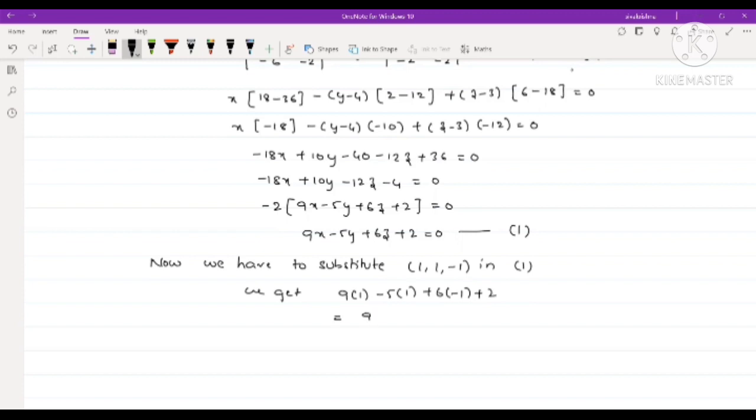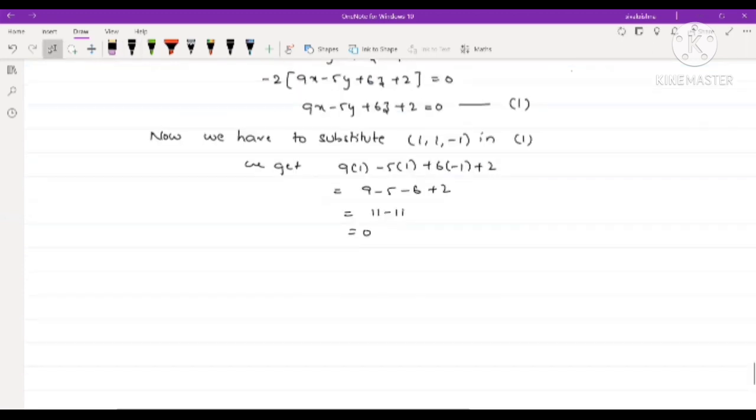So this is equal to 9 minus 5 minus 6 plus 2, which is equal to 11 minus 11, which is equal to 0. It means the fourth point satisfies the corresponding plane equation. Therefore, we say that the given 4 points are coplanar.